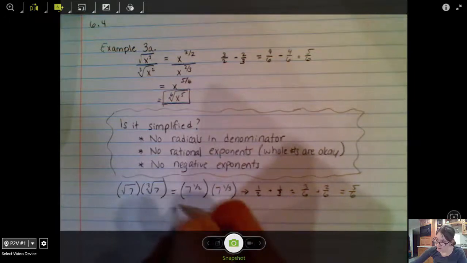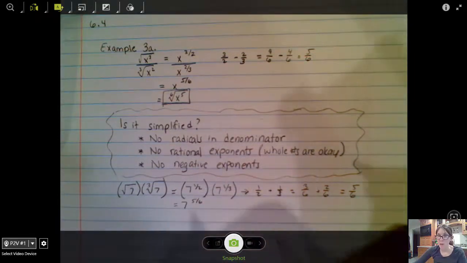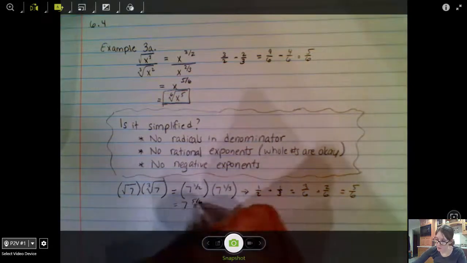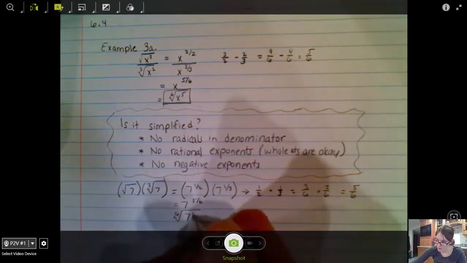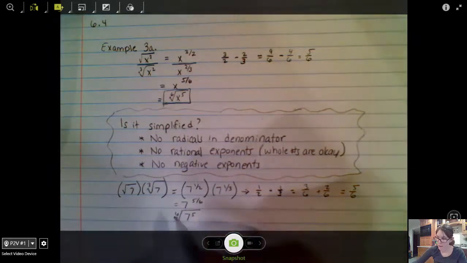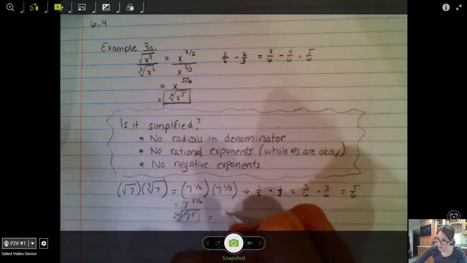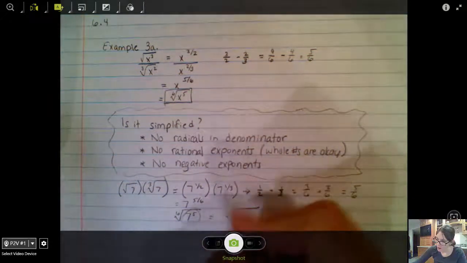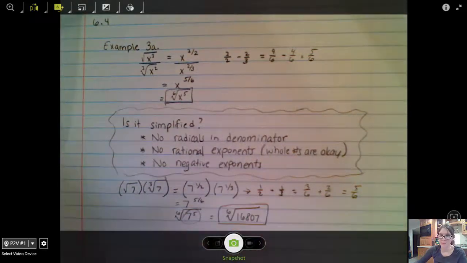So I get 7 to the 5/6 power. Again, we don't want any rational exponents, so put this back in radical form. The 6th root of 7 to the 5th power. And we can figure out what 7 to the 5th power is, so we might as well. We get the 6th root of 16,807 is my final answer.